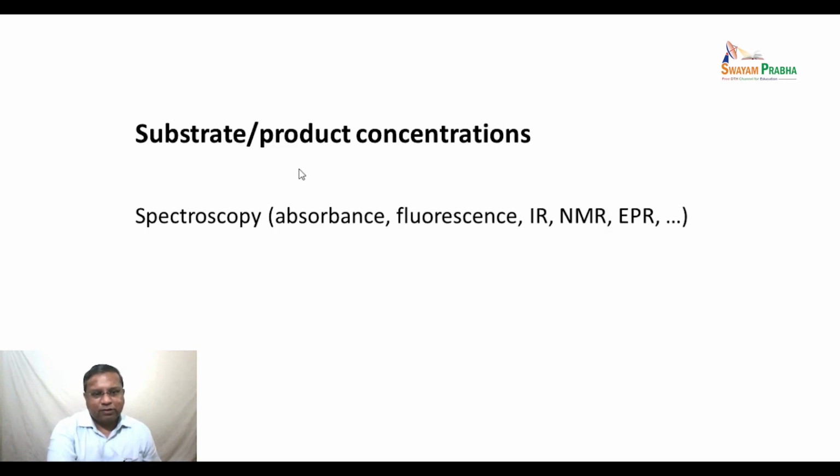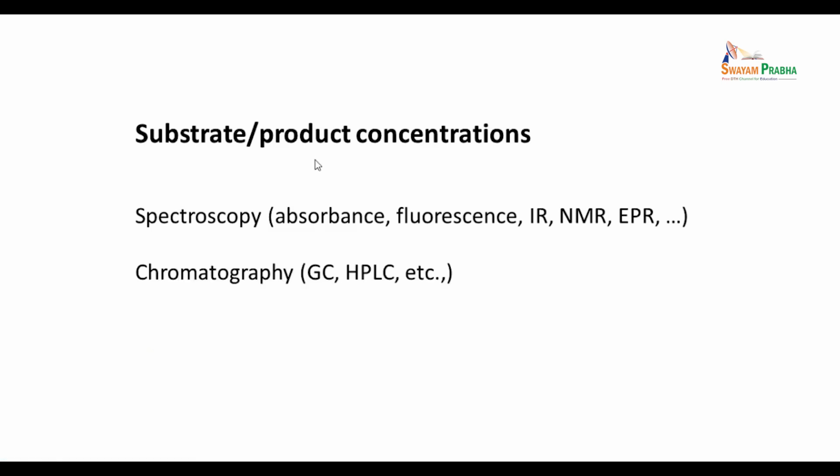There could be fluorescent substrates, fluorescent products that can utilize this method. IR spectroscopy, infrared spectroscopy, we did talk of something related to that, near IR. NMR, nuclear magnetic resonance spectroscopy, EPR, electron paramagnetic resonance spectroscopy can all be used. Spectroscopic methods can be used for offline measurement of concentrations of substrates and products.